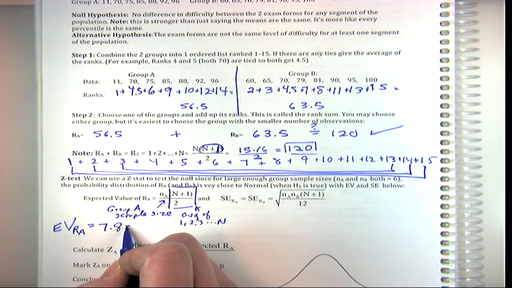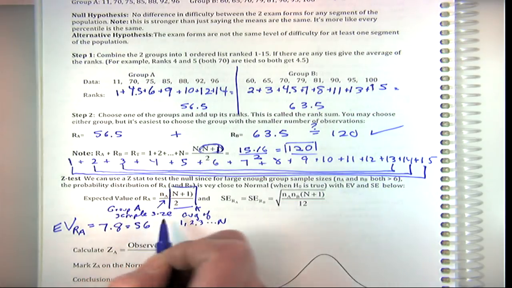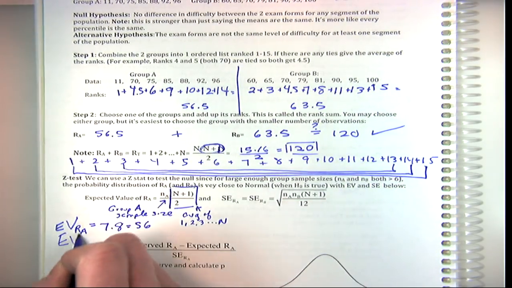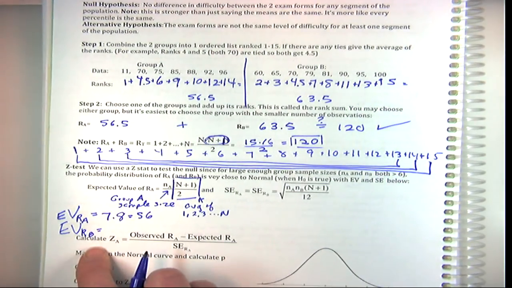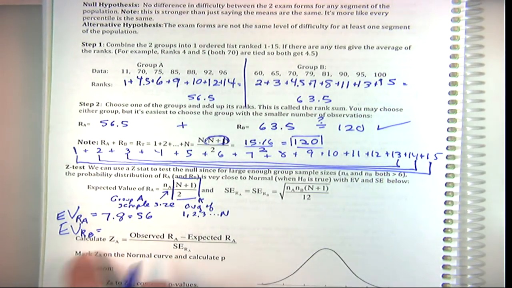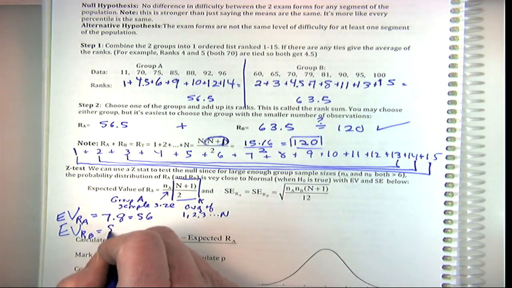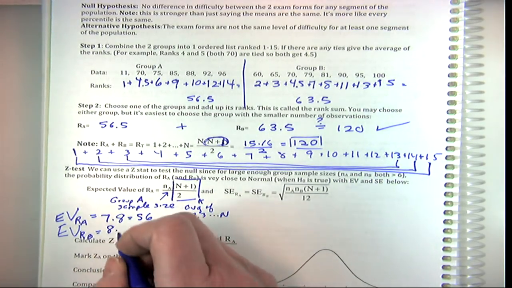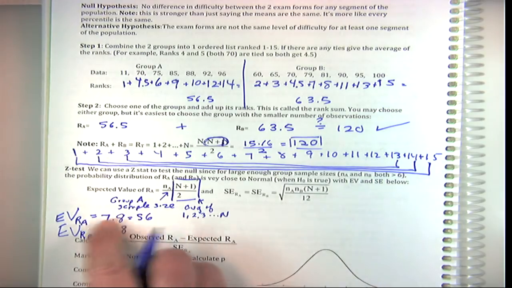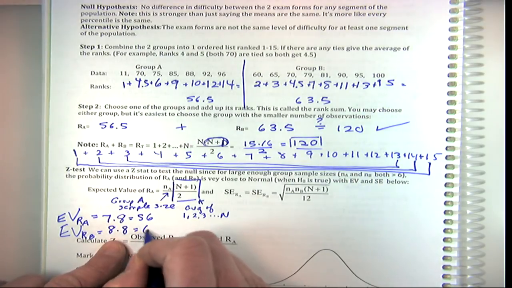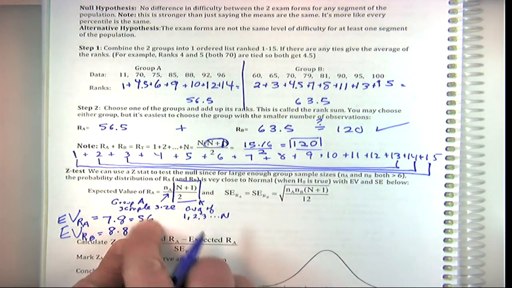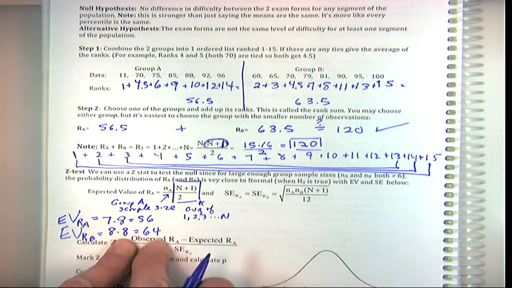That's what you'd expect. And the expected value for the rank sum of group B is going to be what? You have 8 numbers, and n times the average is the expected value of the sum of n numbers, right? So this is equal to 64. You wouldn't expect them to have the same rank sum because there are different sample sizes.